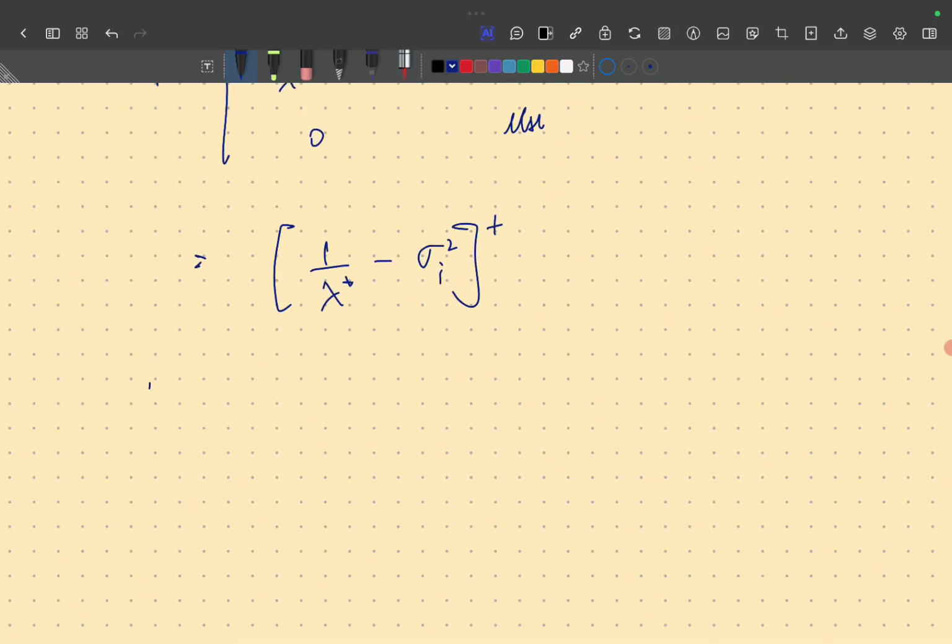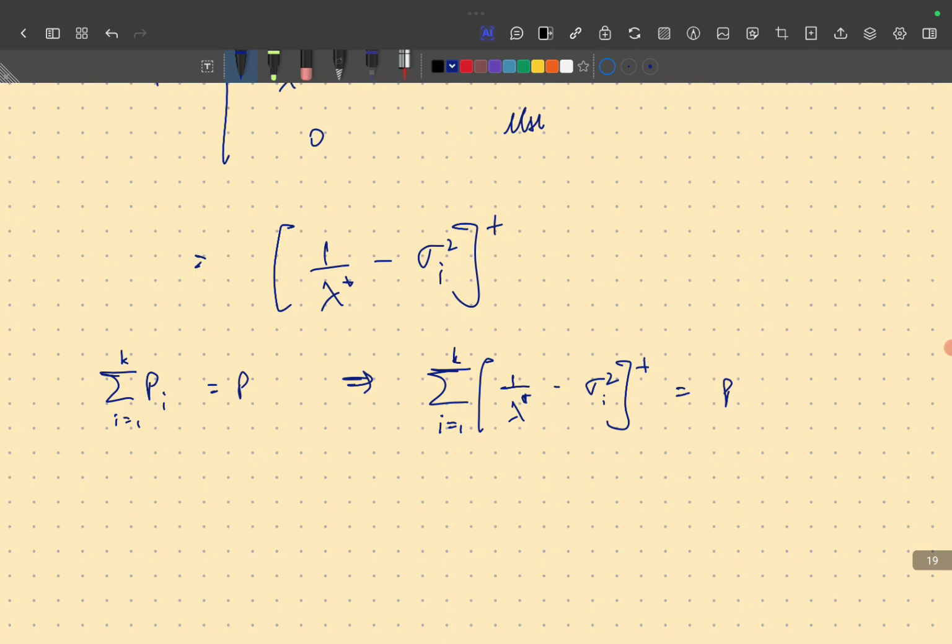Based on the KKT conditions, the summation over i equal to 1 to k of pi should exactly be equal to P. So this implies that the positive part of 1 by lambda star minus sigma i square, when summed over all subchannels i, should be equal to P. I can't get a closed form expression for lambda star here because ultimately this is the positive part, and I don't know which ones are positive or not.